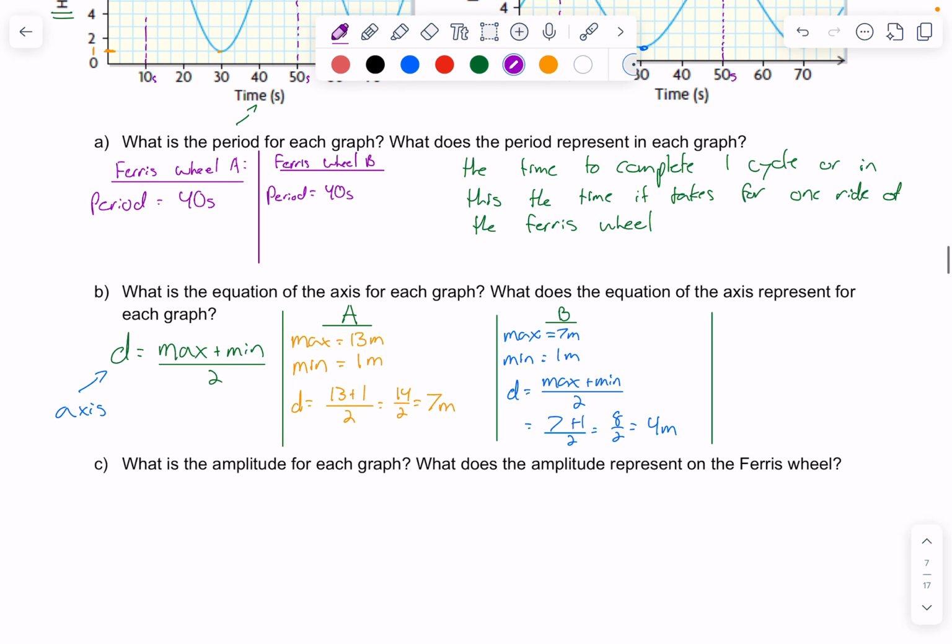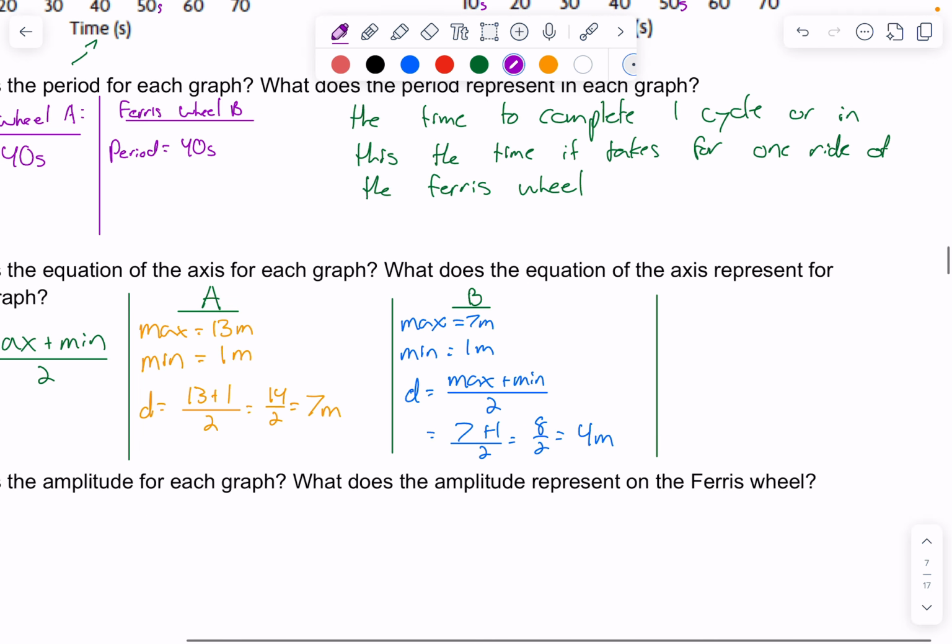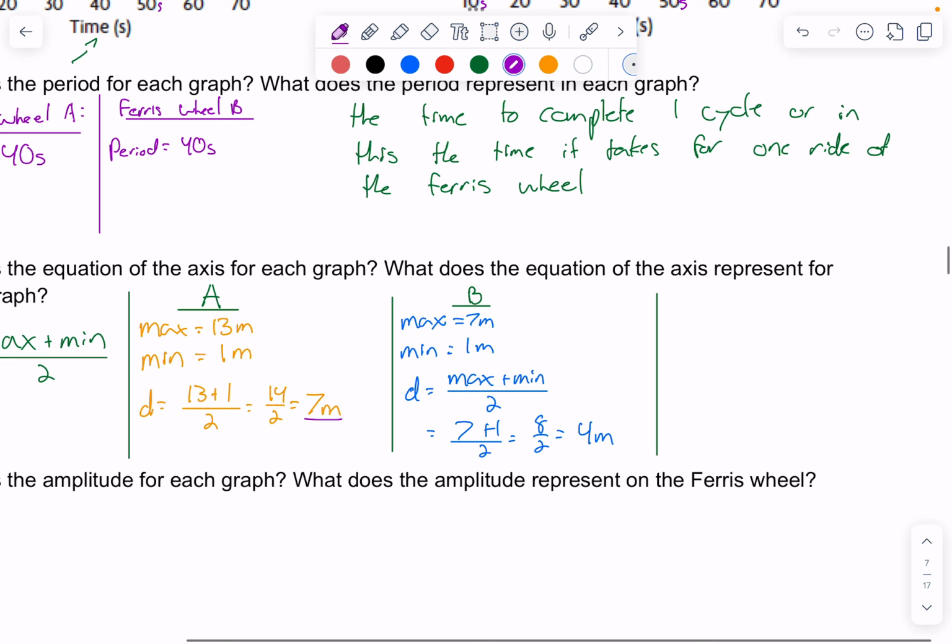So in this context right here, we have two different axes, right? We have 7 meters and we have 4 meters. So what does it represent in this problem here? Well, Ferris wheel A, FW for short, Ferris wheel A is 7 meters off the ground.